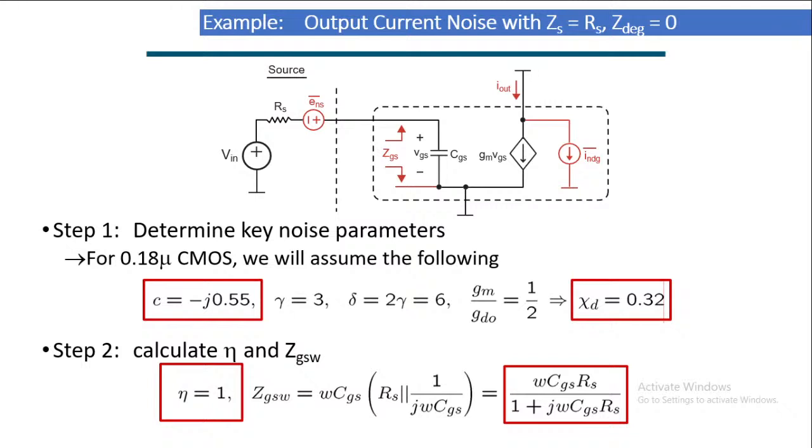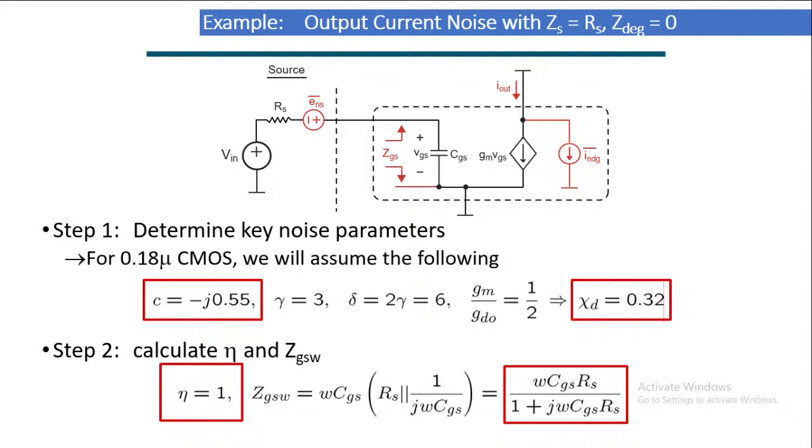Delta is equal to 2 gamma, that will be 6. GM by GDO ratio is equal to half, which gives us ZD equal to 0.32. We have seen the expression for ZD.